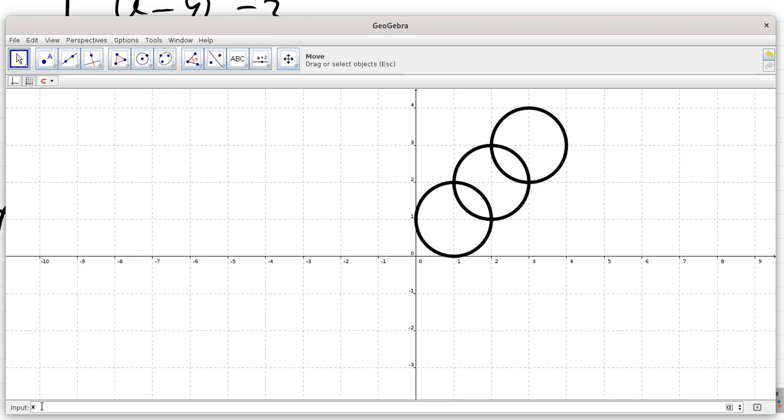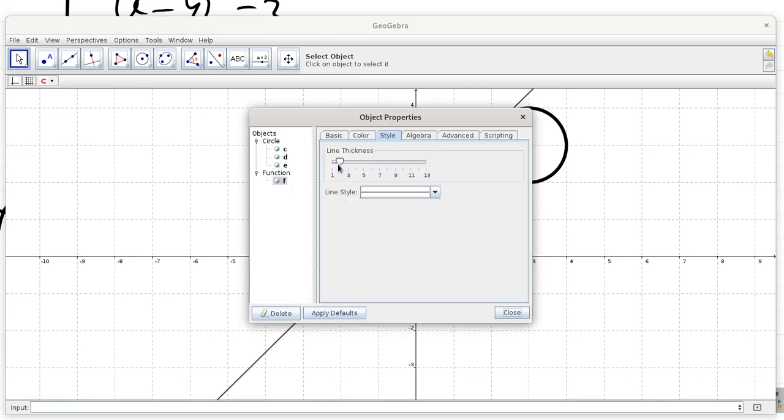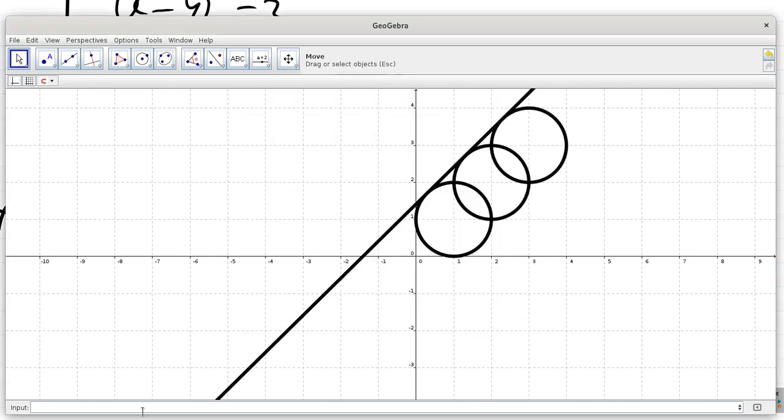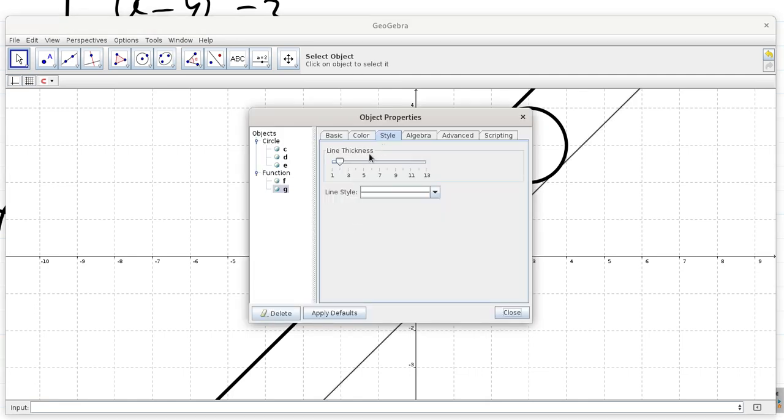So it's y equals x plus 1.414. Alright, that's the line. Let me make the line thicker. And y equals x minus 1.414, that is the other line there. Let me make the line thicker.